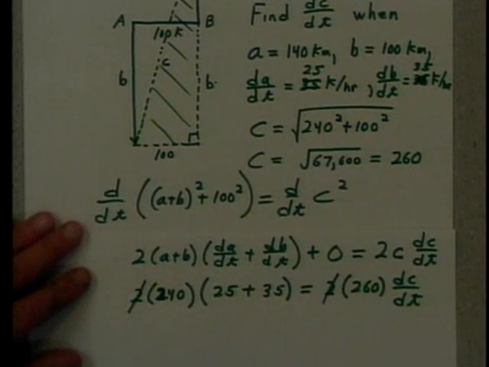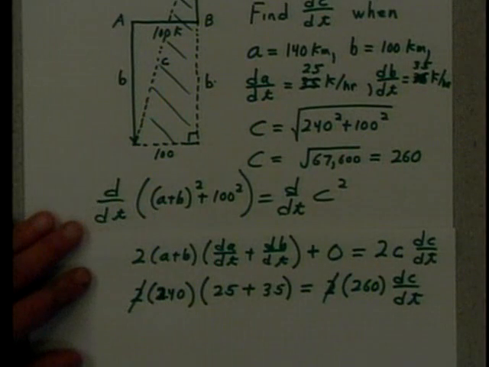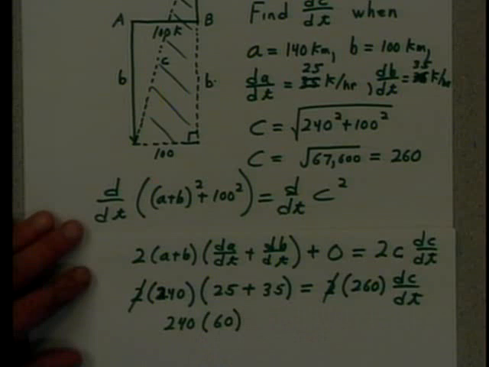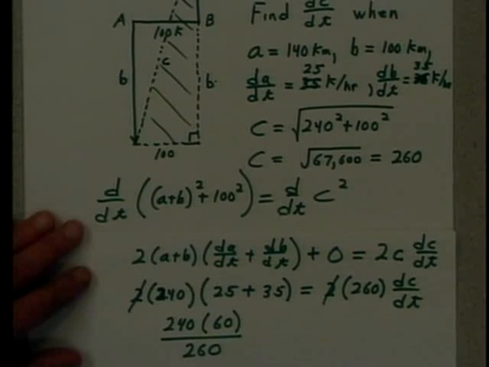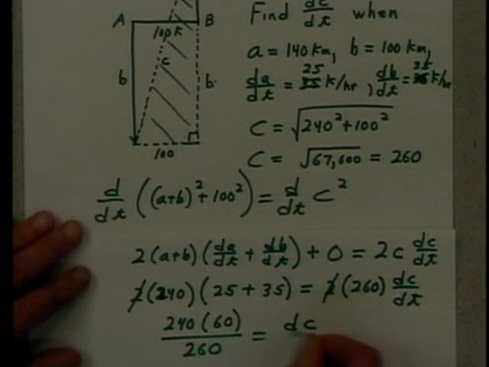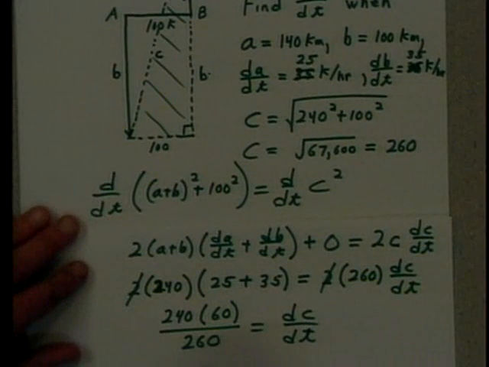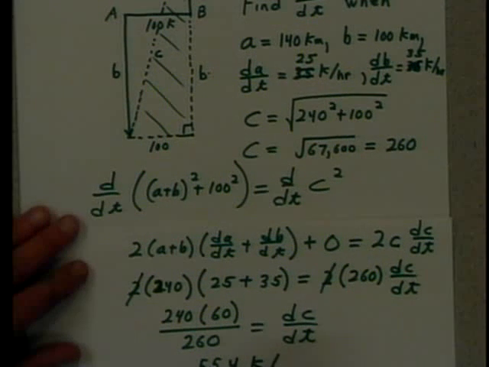I divided each side by 2 right away. But basically what you have to do is take 240 times, and 25 plus 35 of course is 60, and divide that by 260. And that's dc dt. And if I remember correctly, that comes out about 55.4 kilometers per hour if you divide that.